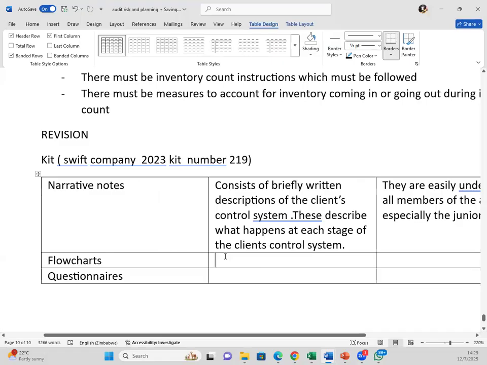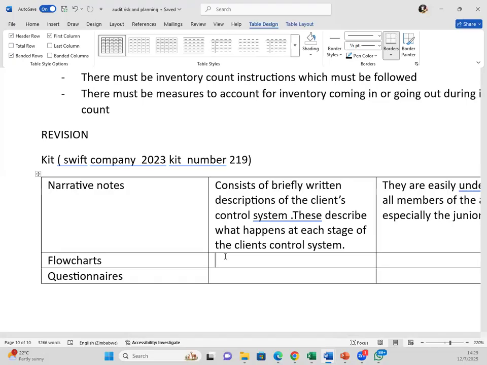A flowchart diagram is just a diagram showing us the controls present in the client's control system. It requires someone who has an understanding of what this means on the diagram. So a flowchart diagram is less understood as compared to narrative notes.